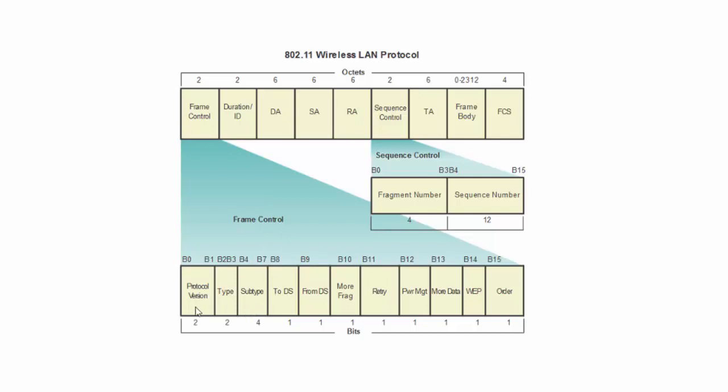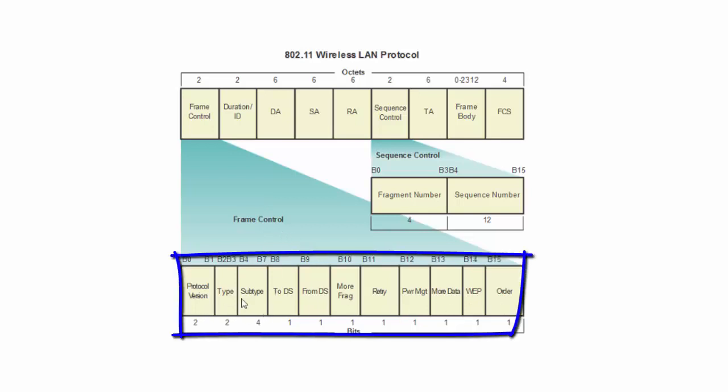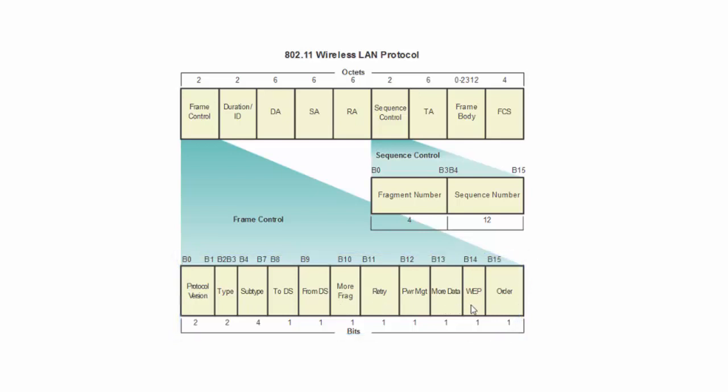The control field here is rather complex to indicate whether you have encryption or not, whether you have order or not, whether you have fragments of the frame, in which case the frame is divided into smaller segments that each of them will have a sequence number and a fragment number.